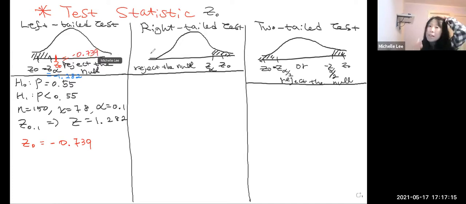So Z naught, which is the test statistic, is not further to the left than the negative z sub alpha, right?